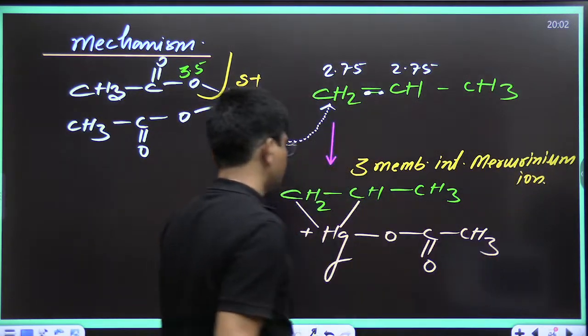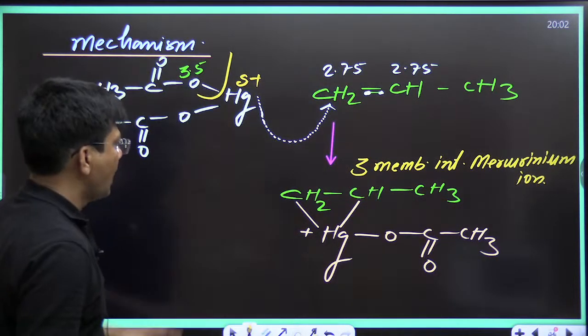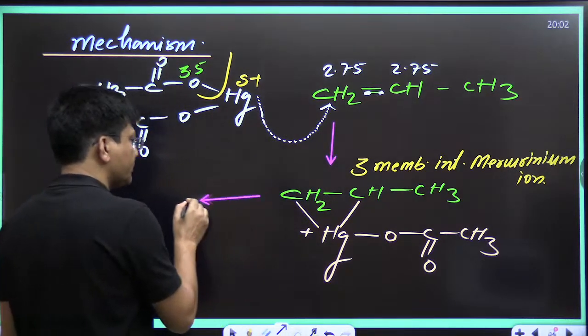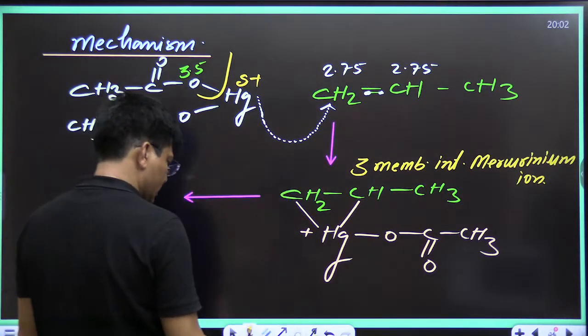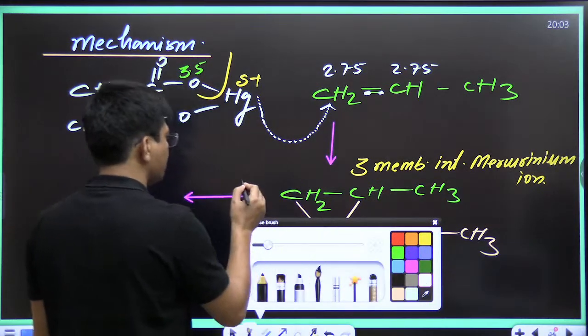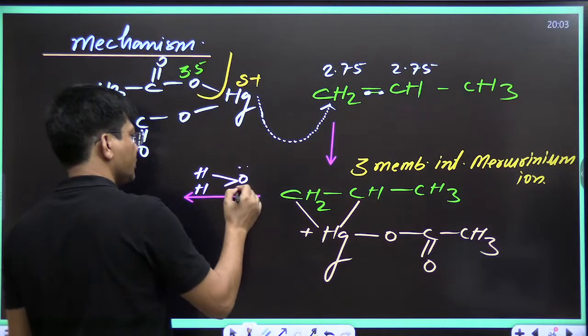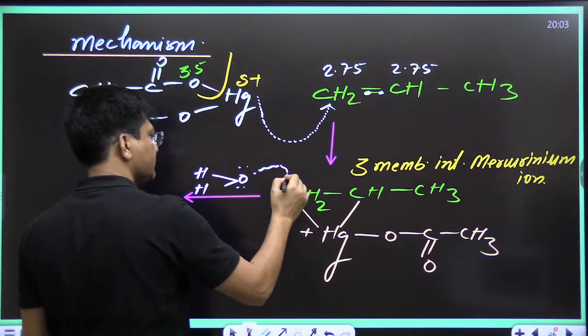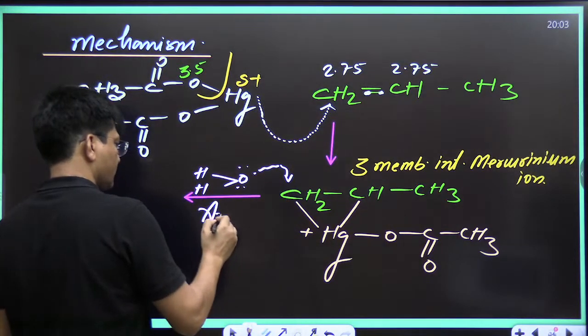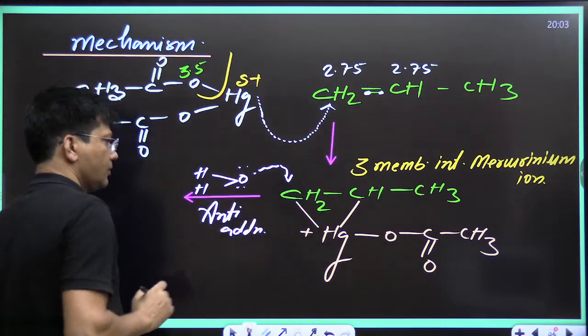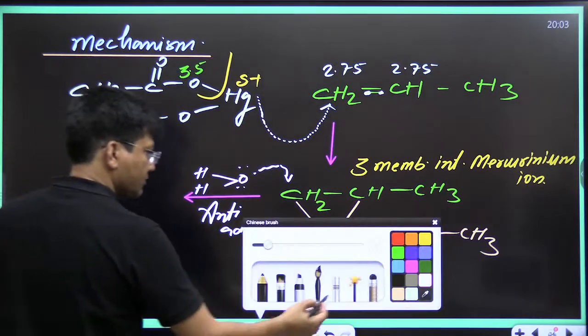Now, my dear friends, after this, the water will come from the opposite side. Water will attack from the opposite side. So we will say this is anti-addition. So you will get a compound like this.